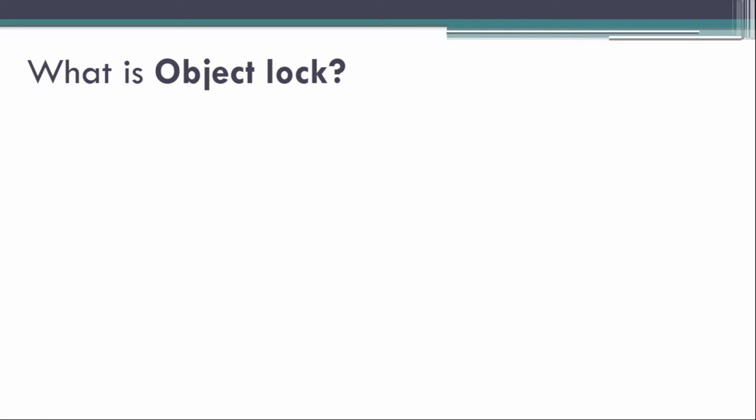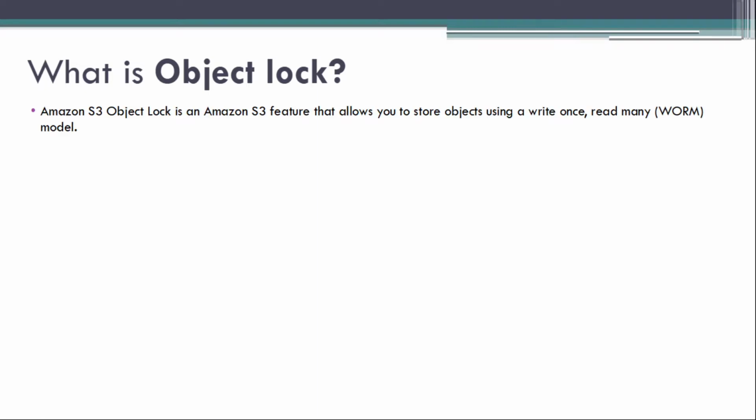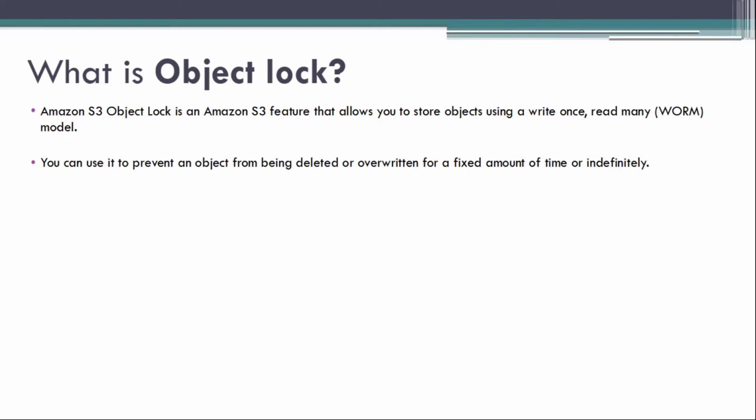What is object lock? Amazon S3 Object Lock is an Amazon S3 feature that allows you to store objects using a write once, read many model, the WORM model. You can use it to prevent an object from being deleted or overwritten for a fixed amount of time or indefinitely.